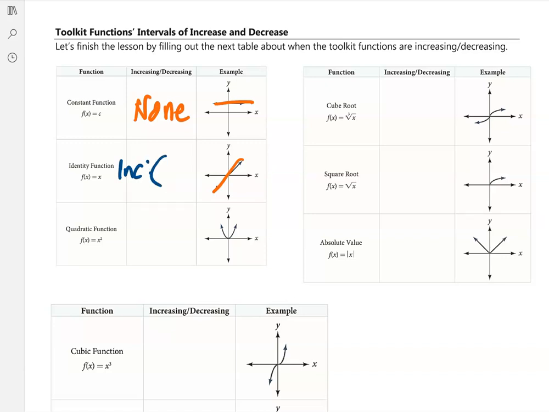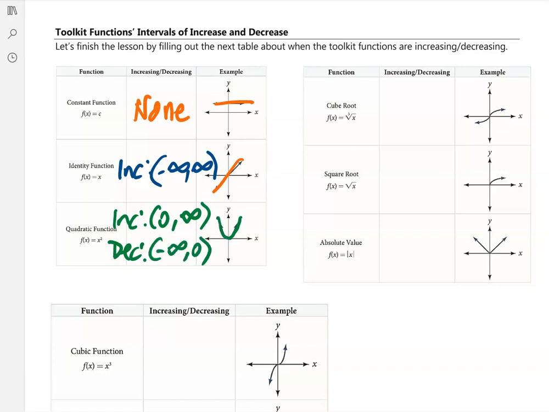That is from negative infinity to positive infinity. The parabola, we have increasing is this part, that's from 0 to positive infinity, and decreasing is this part from negative infinity to 0.